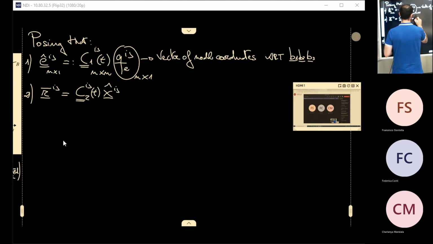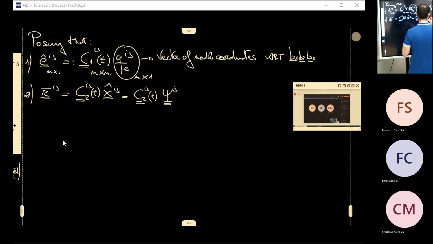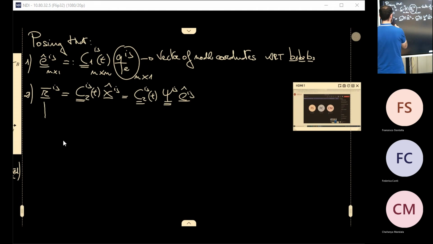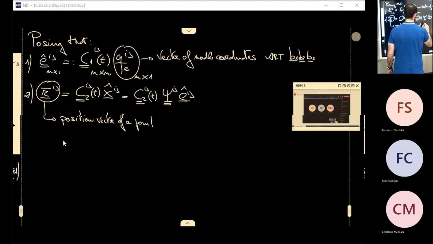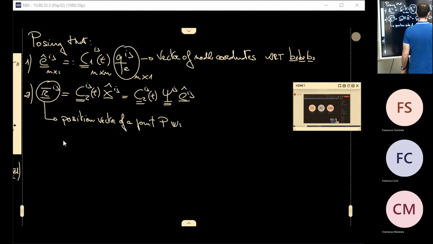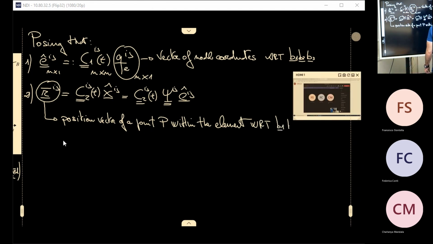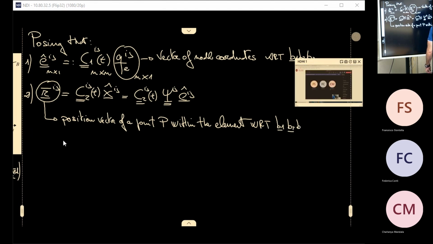Okay, and therefore, if we expand x over hat, this eventually wrote... So again, this is the position vector of a point P whatever within the element with respect to, again, B1, B2, and B3.